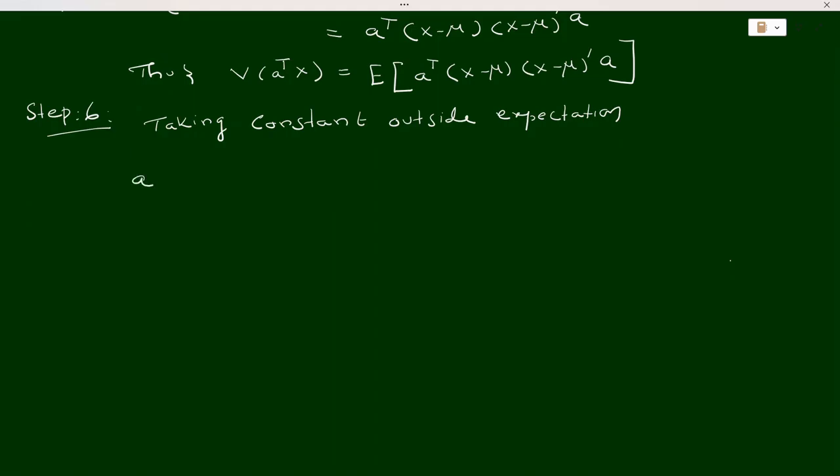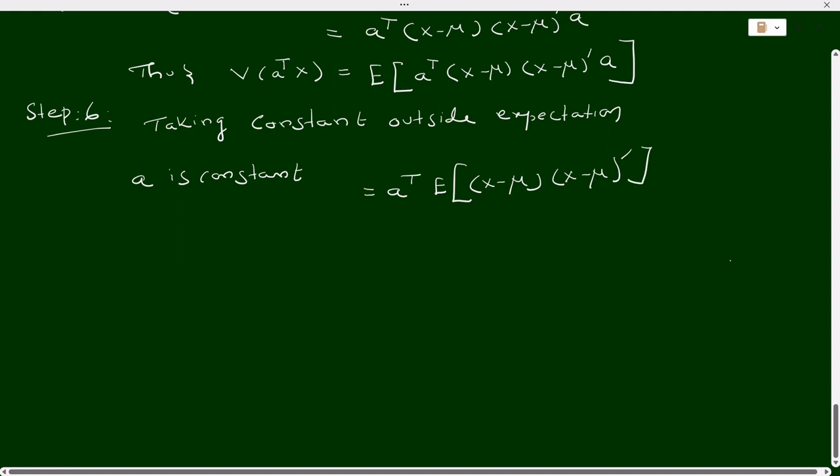Since a is a constant, as we have considered the vector as a constant, this can be written as a transpose, taking it outside, expectation of (x minus mu)(x minus mu) transpose, then a.